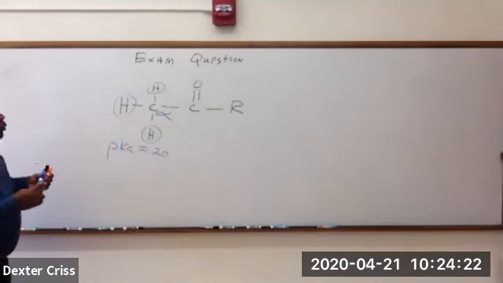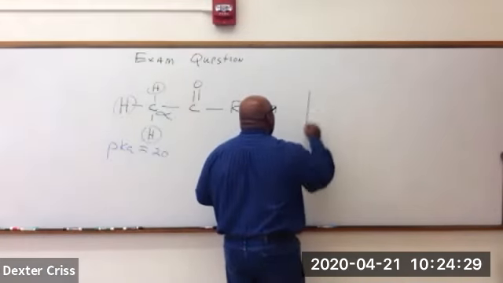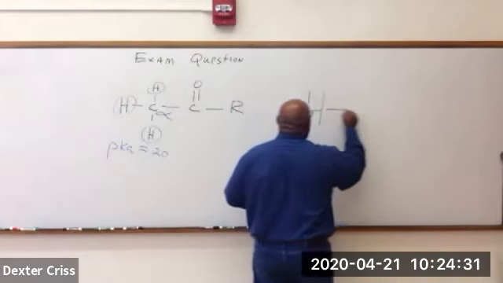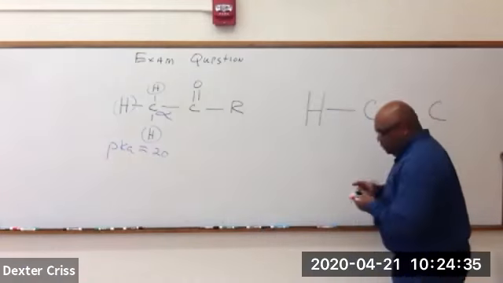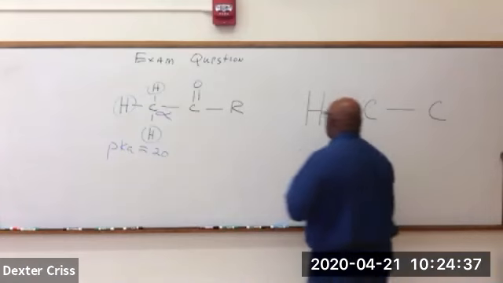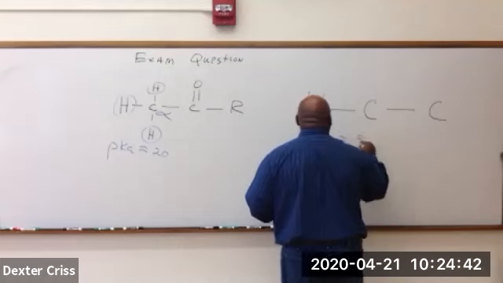Now, the reason why we say that's acidic: normally a hydrogen that's attached to a carbon, normally the pKa is approximately 50.